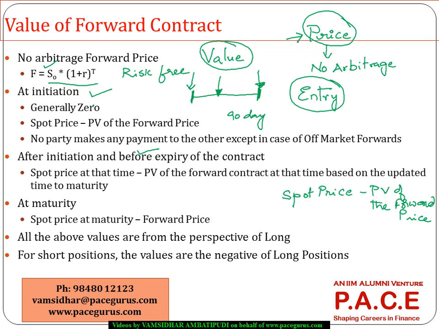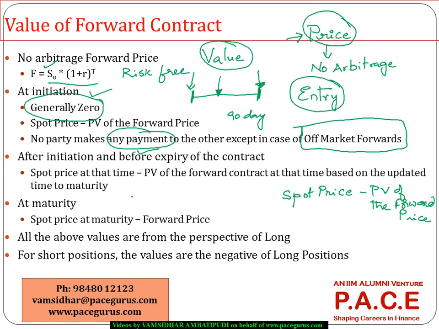Forward price is the price that has been contracted by both the parties on the initiation day of the contract. In most of the cases we will find that at initiation the value of the contract is 0 to both the parties, because no party wants to make any additional payment on day 0 to the other party, except in case of off market forwards.